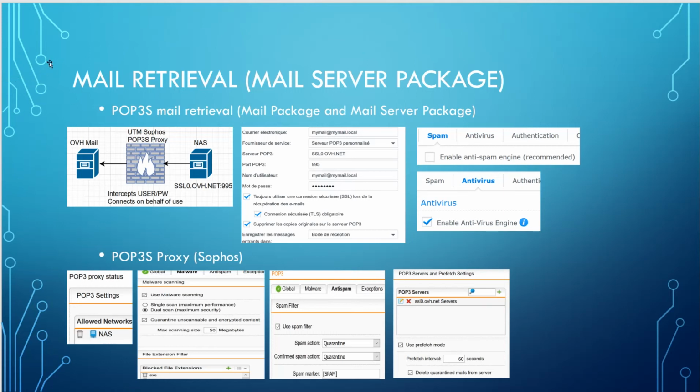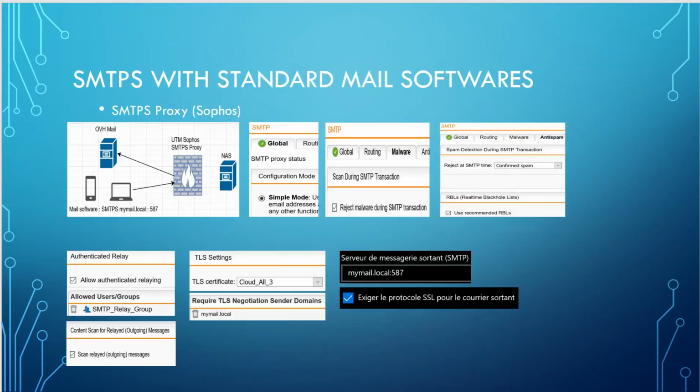For the anti-spam feature, it's activated, so at least maybe the NAS is not able to do anti-spam, but the POP3 proxy of Sophos can. And here for the settings, it's just to say that if someone creates a connection with this FQDN, it's going to intercept the traffic. And then I'm going to delete quarantined email from the server too, because I have no use of leaving them there.